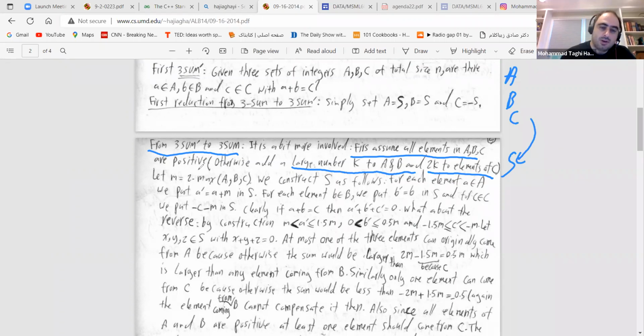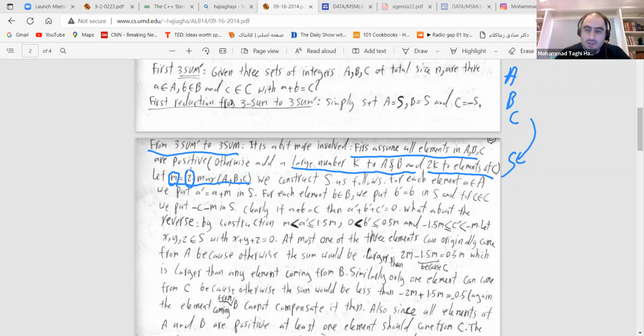So we know that everything is positive now. Now let's define this number. What is M? M is 2 times the max of A, B, and C. Find the max of A, B, and C, and then take 2 times that.